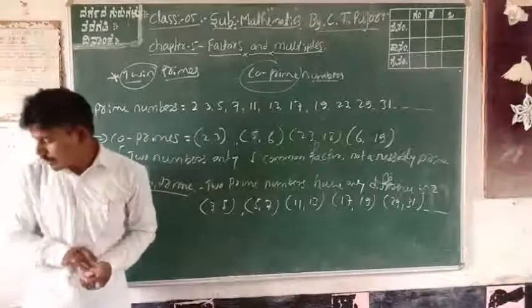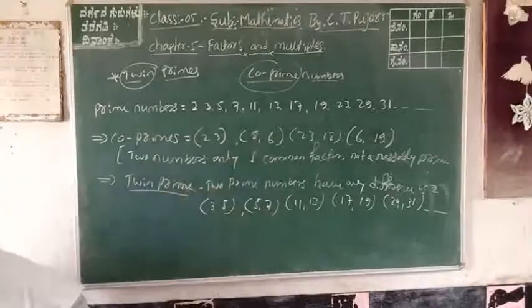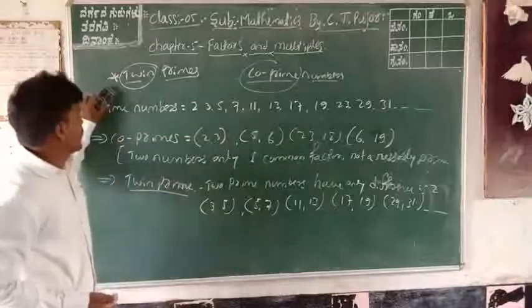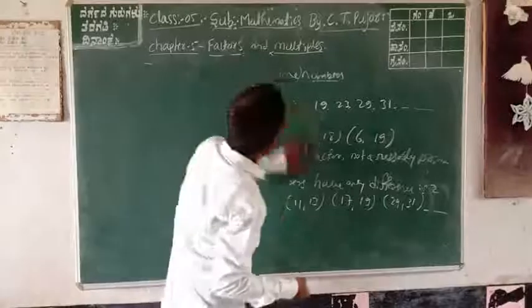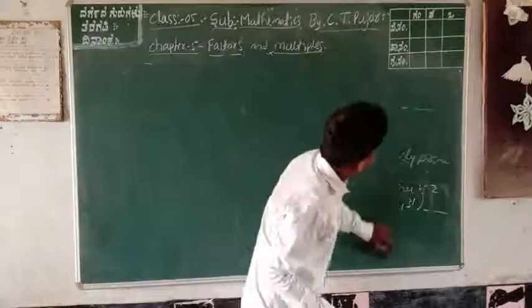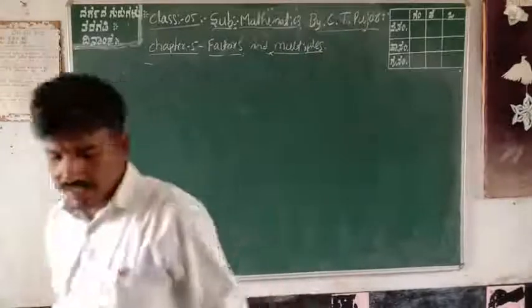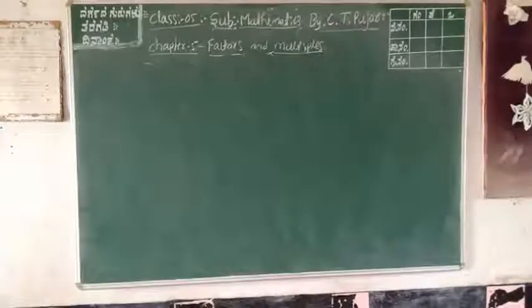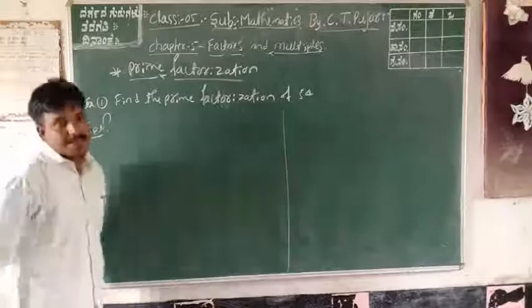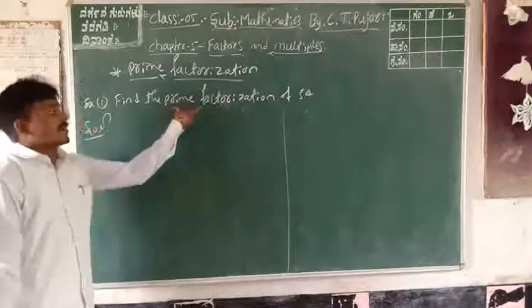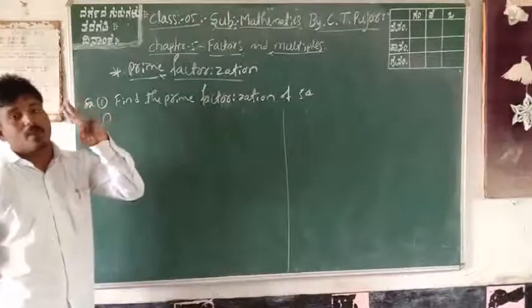Next, you can study some examples of the factorization method. Example: find the prime factorization of 54. For the factorization method you can take two methods.